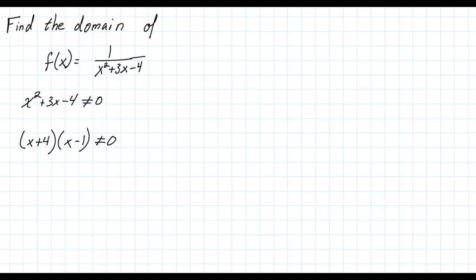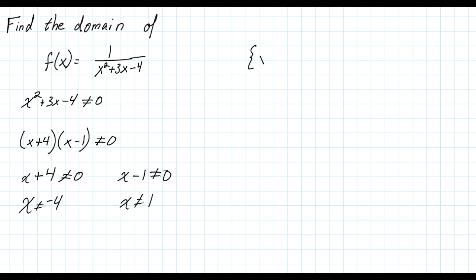And now when you have a product equal to 0, you know that one of the two things you're multiplying has to be 0. So either x plus 4 is not equal to 0, or x minus 1 is not equal to 0. So we get x can't be negative 4, and x can't be 1. So how do we write this domain?